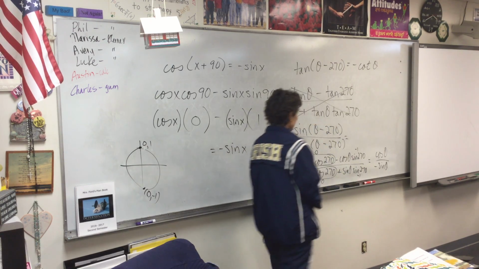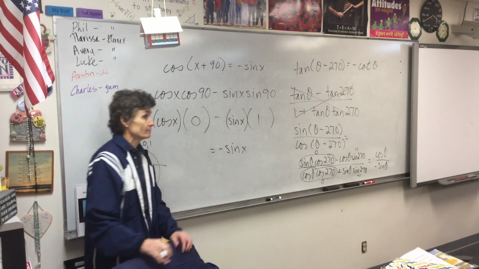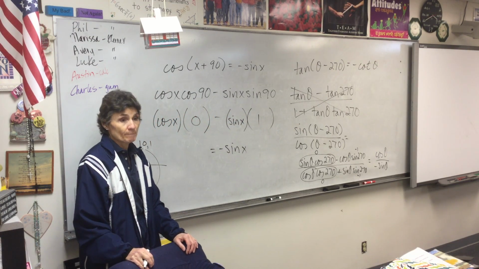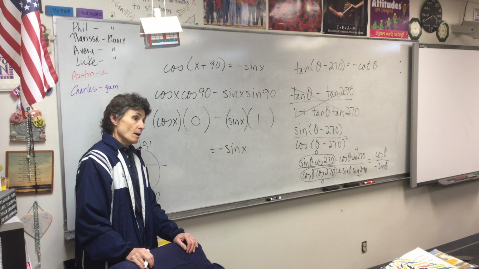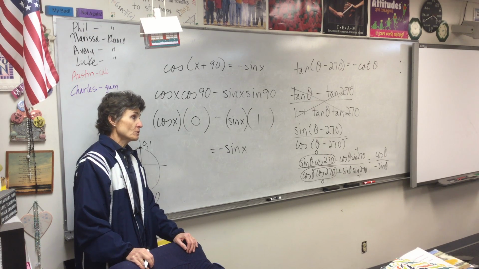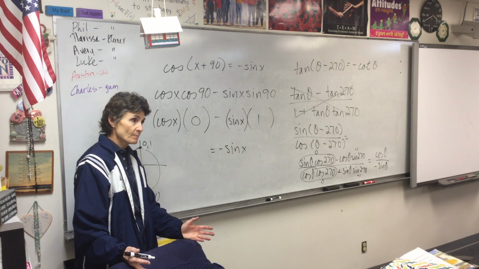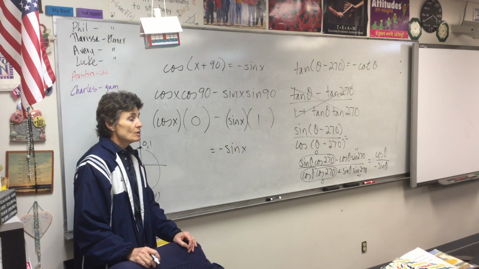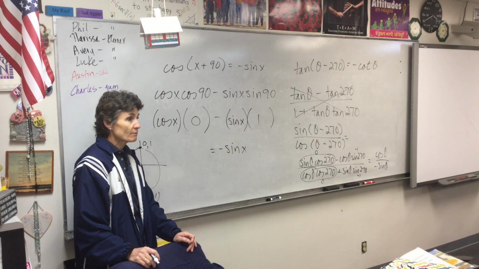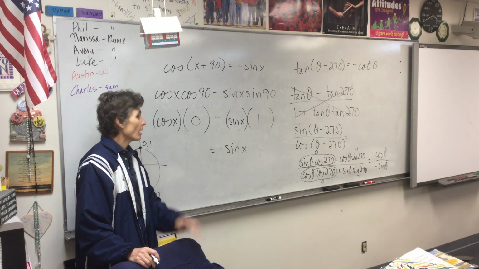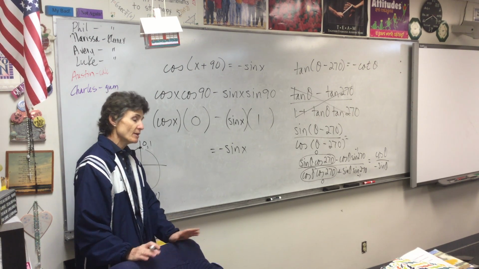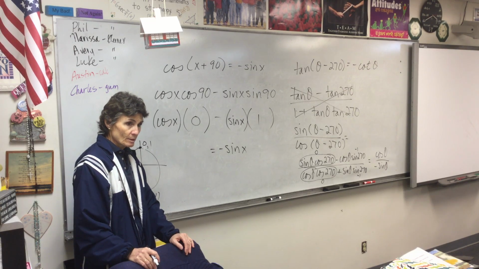What is cosine over negative sine? Negative cotangent. All of the functions are undefined at places except sine and cosine. So if you run into an undefined, just change the problem into sines and cosines, and then you don't have an issue. Okay?